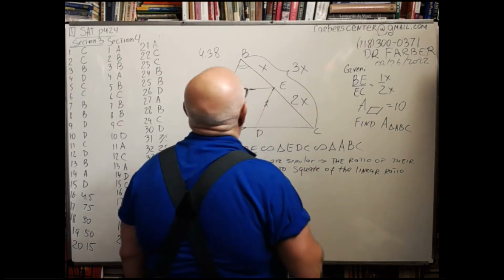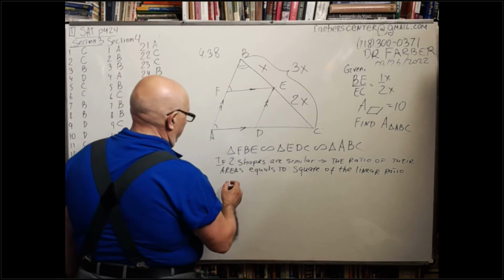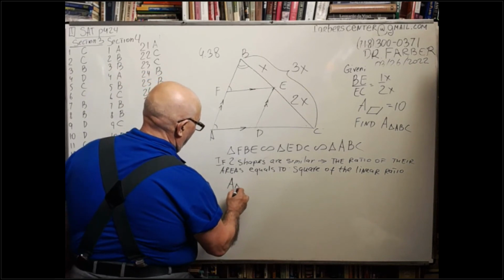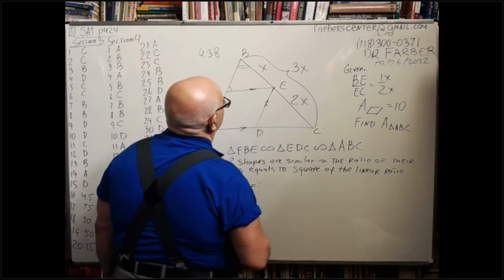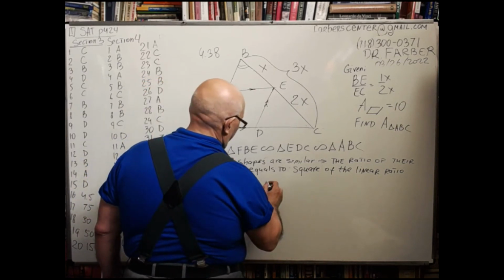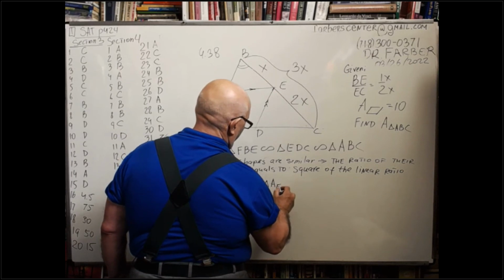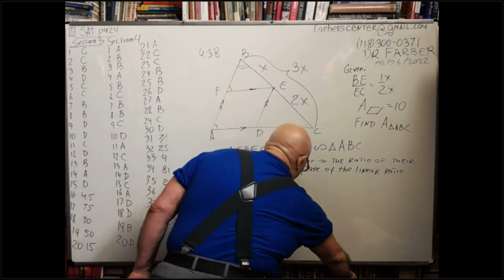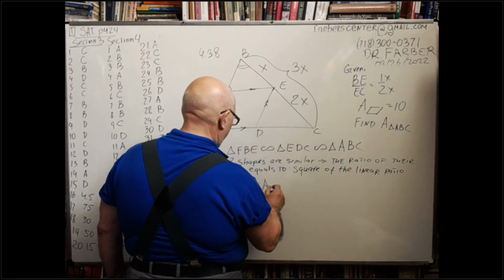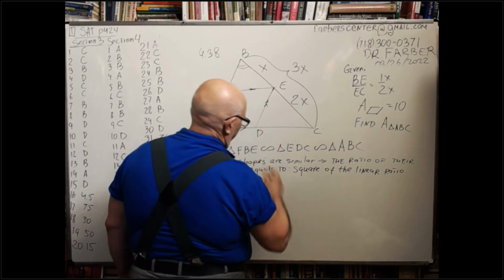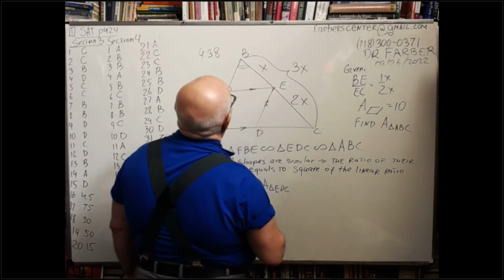So easy. Now you can write that area of triangle FBE to area of triangle EDC, the other way around. Symbol supposed to be under, to area of triangle EDC to area of triangle ABC.